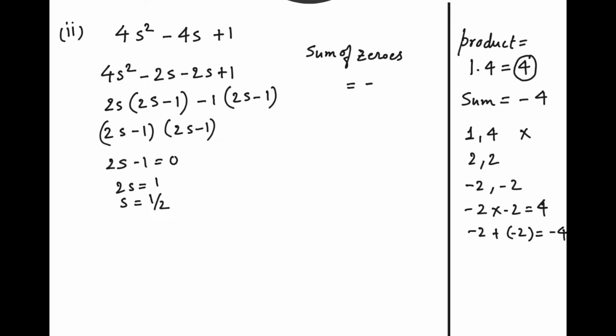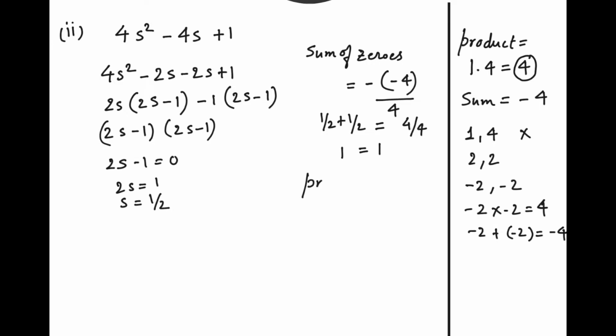Minus the coefficient of the middle term is minus of minus 4, which is 4, and the coefficient of s square is 4. The sum of the zeros would be 1 by 2 plus 1 by 2, which should be equal to 4 divided by 4. So 1 by 2 plus 1 by 2 is 1 and 4 by 4 is 1.